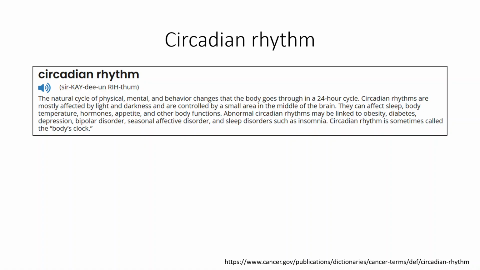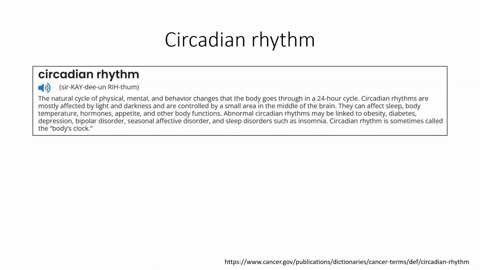And there are some very important genes called the clock genes that are part of regulating your circadian rhythm or your circadian clock, right? And these can affect your sleep, your body temperature, your hormones, like serotonin, melatonin, all of these are very important in regulating your circadian rhythm and your diurnal pattern.